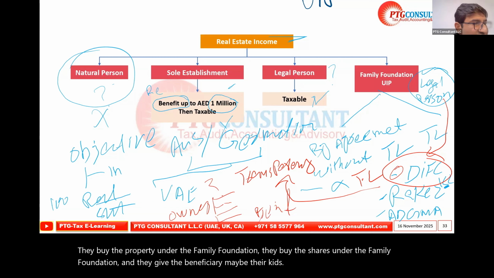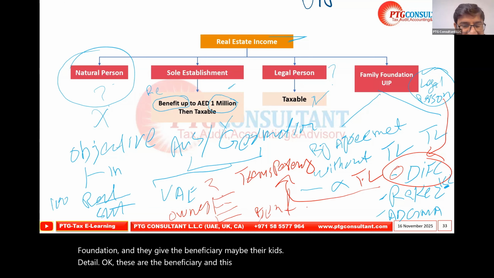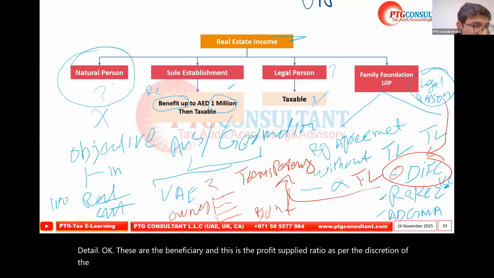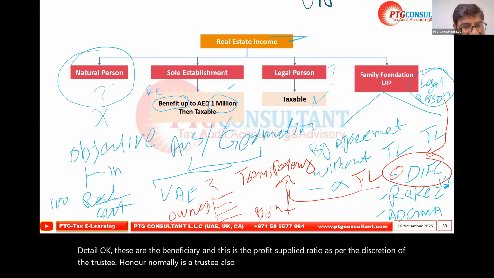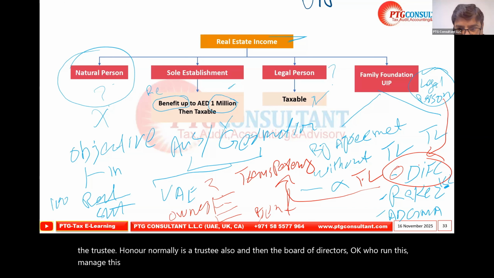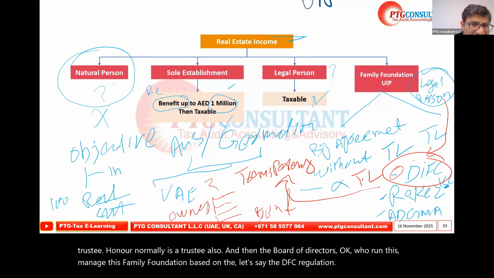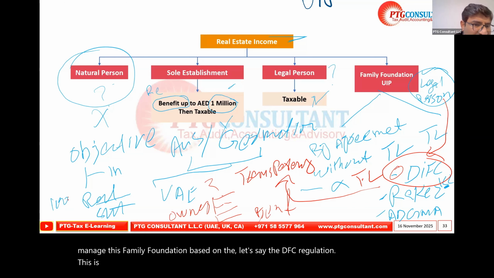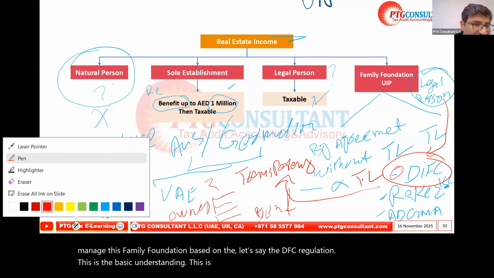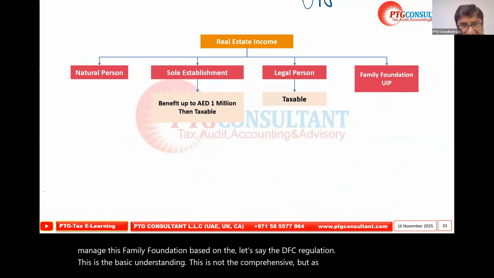Okay, these are the beneficiaries, and this is the profit split ratio as per the discretion of the trustee. The owner is normally a trustee also, and there's the board of directors who run and manage this family foundation based on, let's say, the DFC regulation. This is the basic understanding. This is not comprehensive, but as a concept, hope you understand.